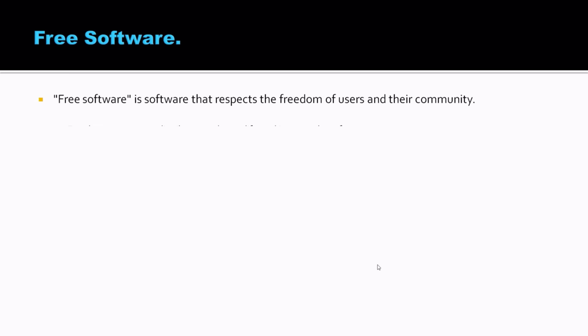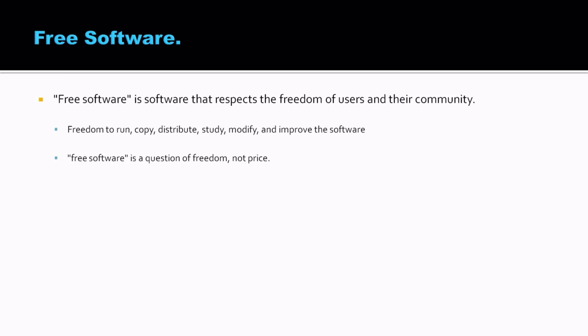Now, let us start with free software. Free software is software that respects the freedom of users and their community. Broadly speaking, it means that users have the freedom to run, copy, distribute, study, modify, and improve the software. In other words, free software is a question of freedom, not price.